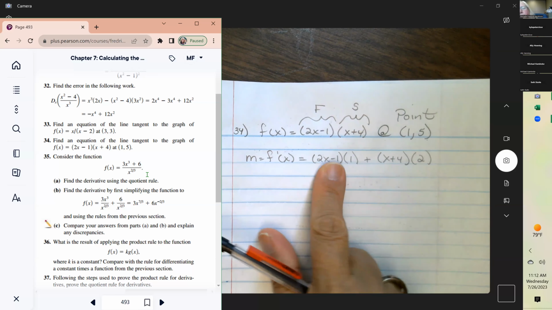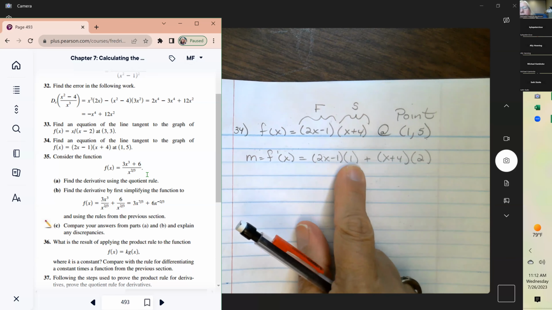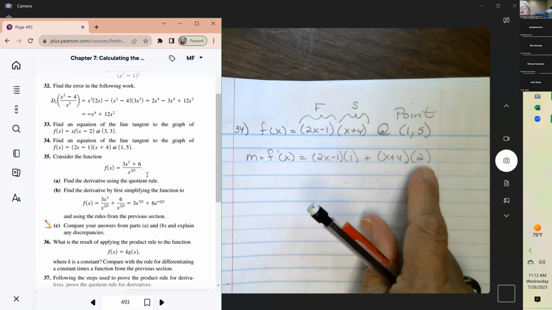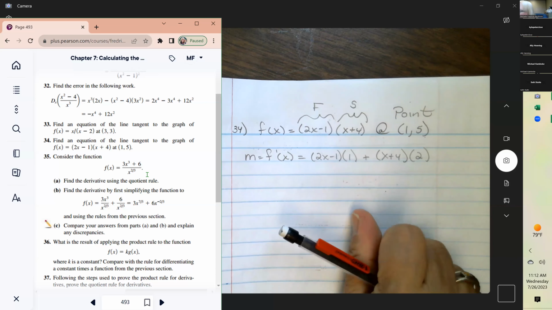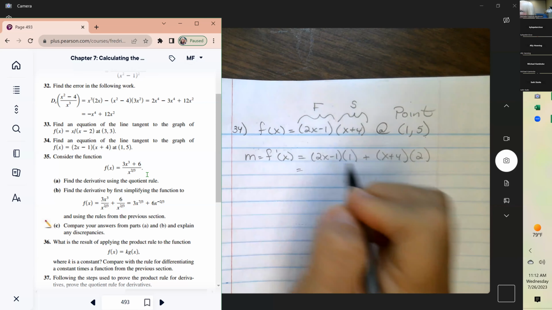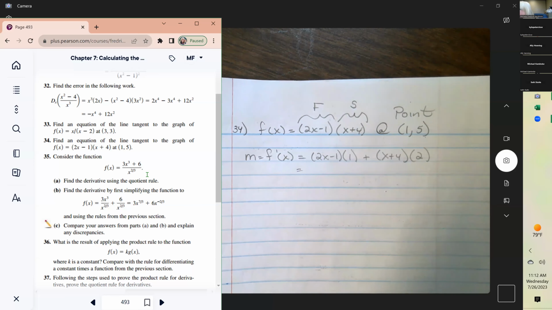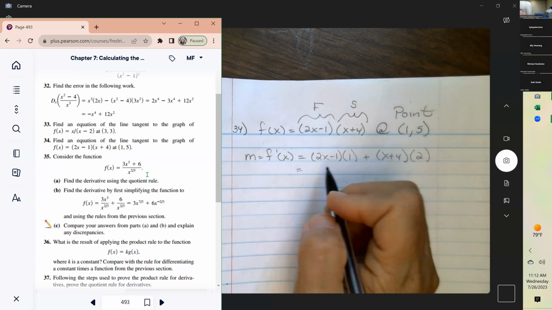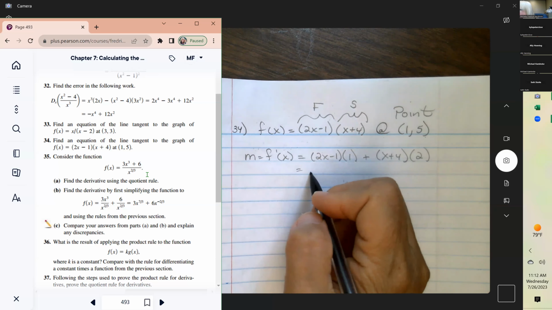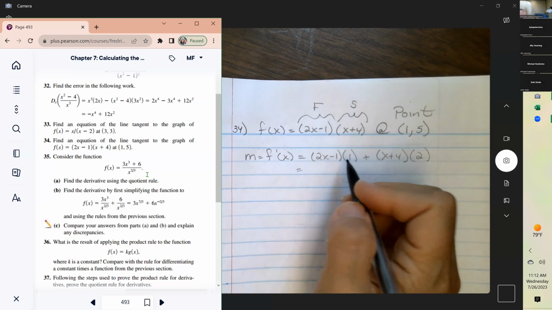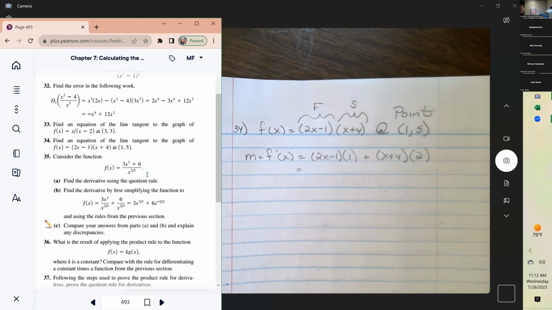First times the derivative of the second should just be a 1, plus the second times the derivative of the first. Distributing, you could just plug in there. Or you can distribute. Let's do this one plugging in here just so you can see.